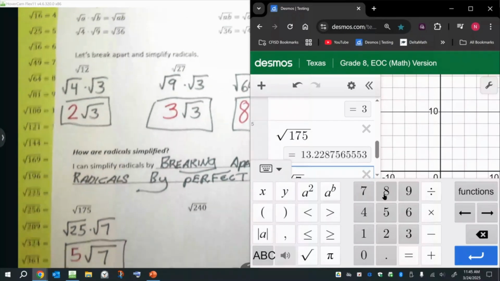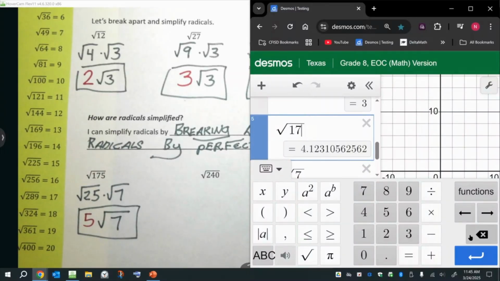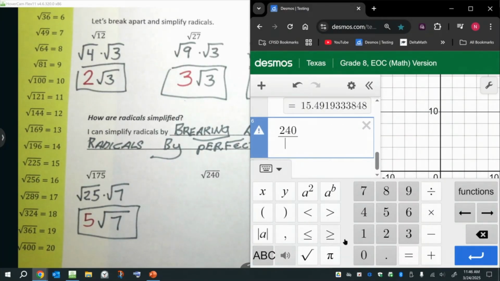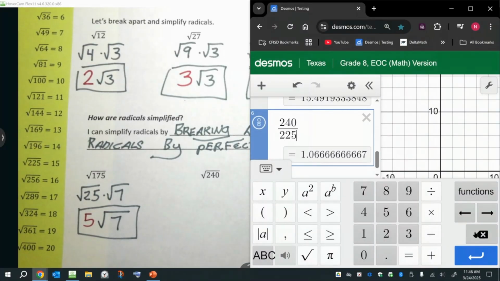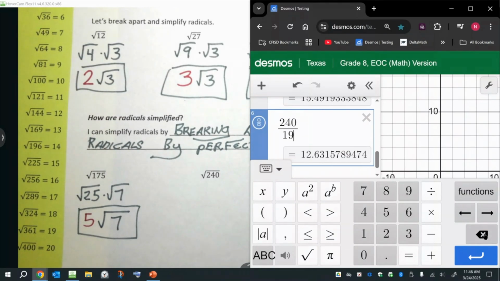All right, let's try the next one. Square root 240. Poopy. All right, so let's take the next biggest perfect square, 225. So we're going to take 240 divided by 225. Nope. 196. Nope. 169.